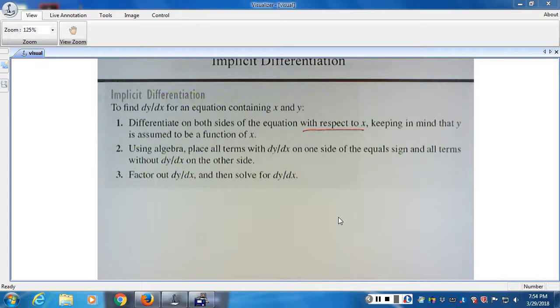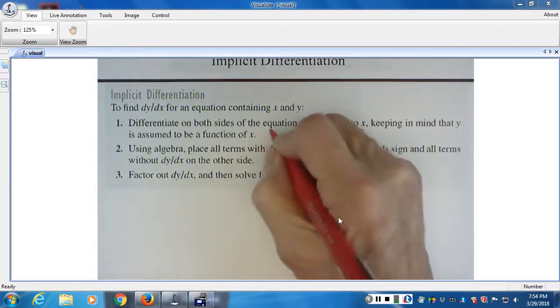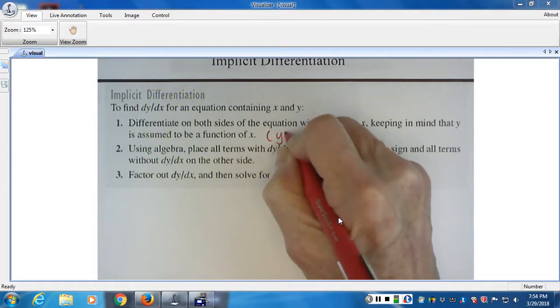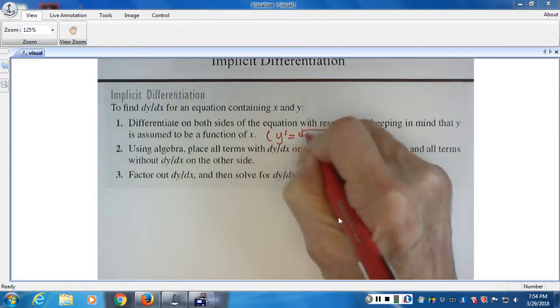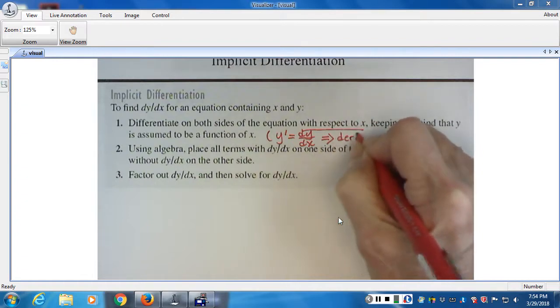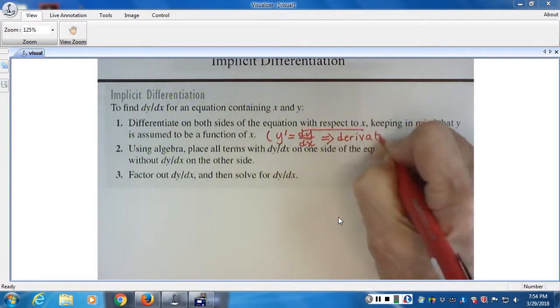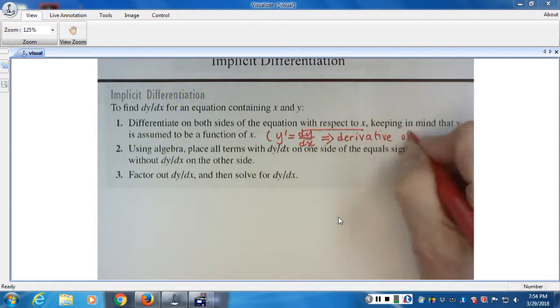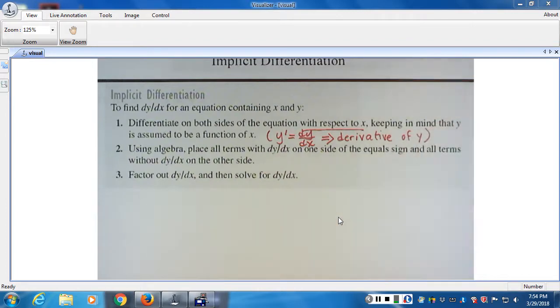It's an f of x. Meaning that y prime, or dy over dx, is equal to the derivative of y. And you can use either notation you want to. You can use the dy dx. You can use y prime. I like y prime because I think it's just less confusing.